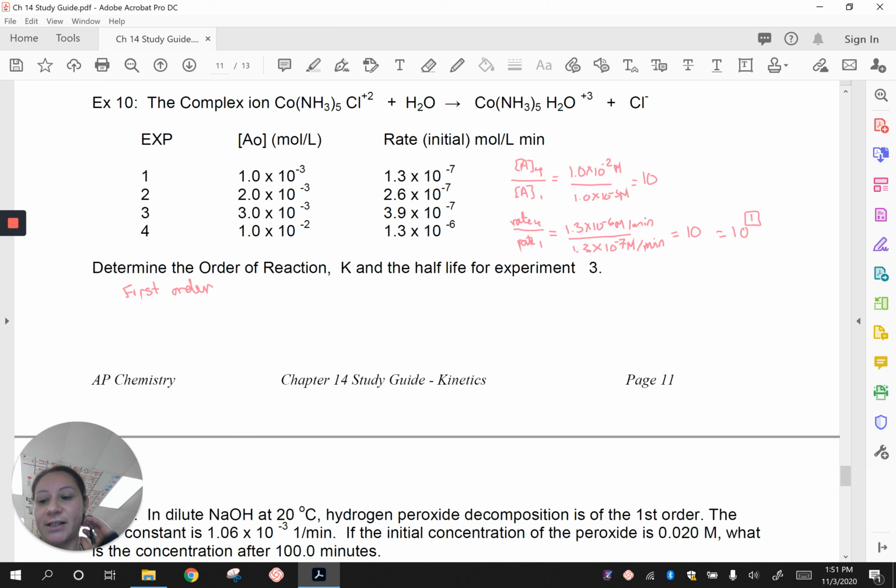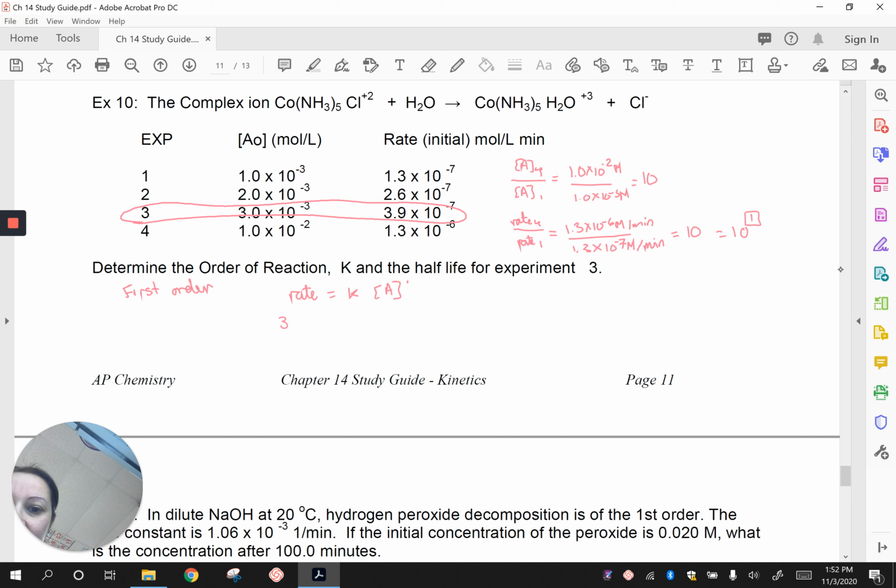Next, I want to find K, and I also want to find the half-life. So let's start with K, and it says we want to use experiment 3. Here we are relating the rate to the concentration, so we're thinking differential rate law. Because we know that it's first order, we're going to say rate is equal to K times the concentration to the first power. So we are going to look at experiment 3.